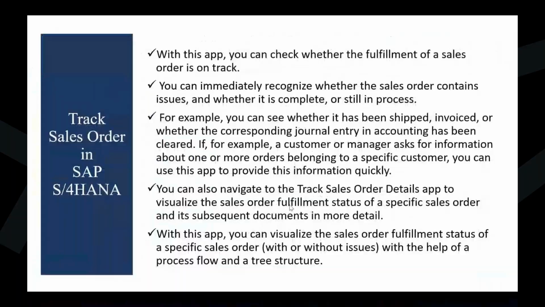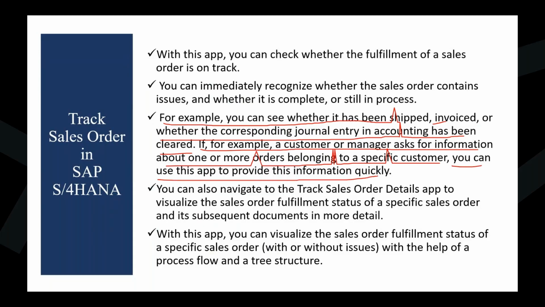So for example, you can see whether it has been shipped, invoiced, or whether the corresponding journal entry in accounting has been cleared. Okay. If, for example, a customer or manager asks for information about one or more orders belonging to a specific customer, you can use this app to provide this information quickly.